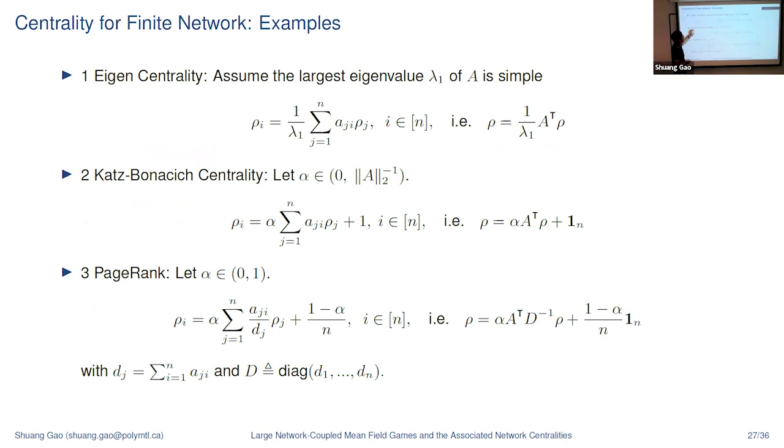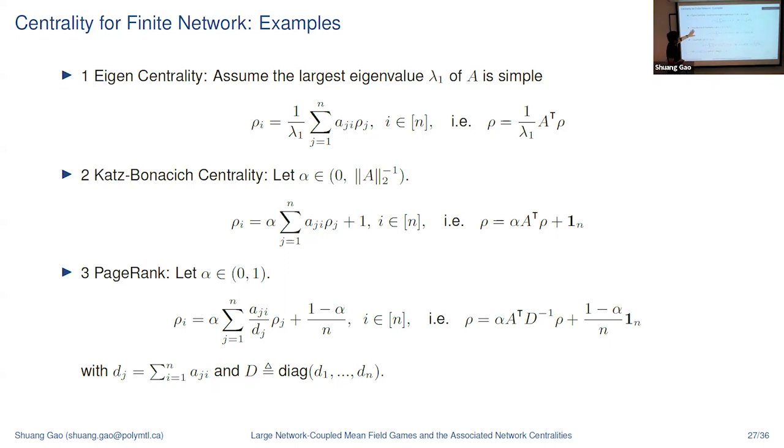There are other application scenarios, but I will just focus on these three because they are relevant to the definition of fixed point centrality. So for the eigencentrality, you look at the network structure, you look at its largest eigenvalue, and identify the eigenvector associated with the largest eigenvalue. That is a vector which assigns each node a different value, and this is simply the eigencentrality.